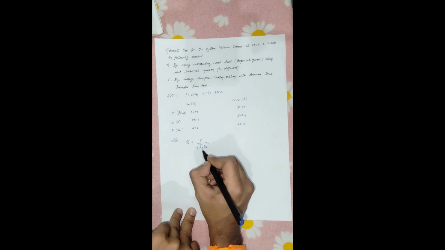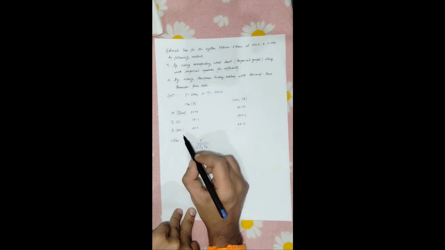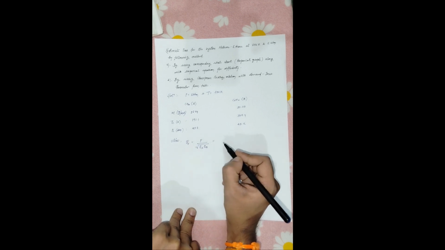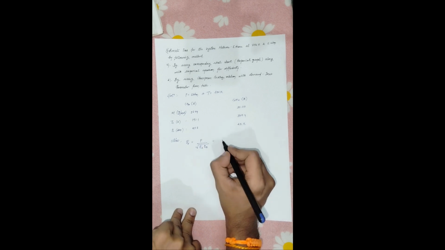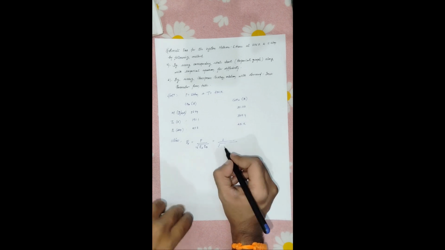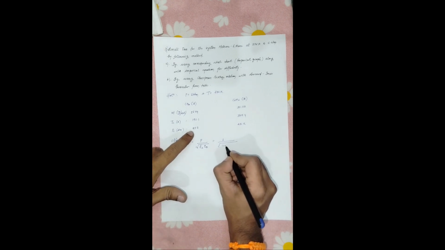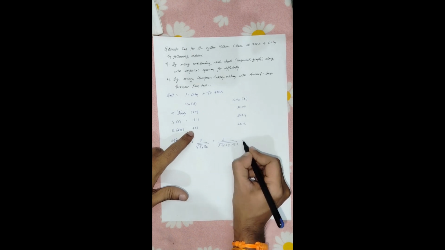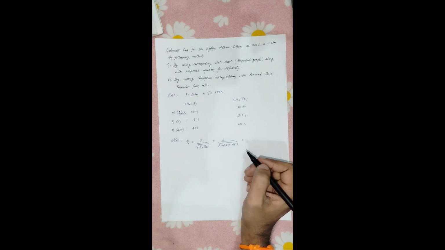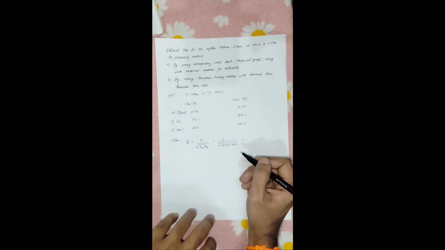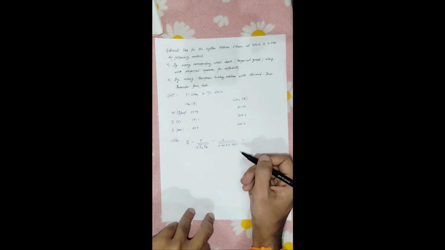So critical pressure of A and critical pressure of B, we have already written here. Now this P is already given as 1 atm, and PcA is 45.8, and PcB is 48.2. So we'll put this value into the calculator, and after the calculation, just a minute, I'll do the calculation.